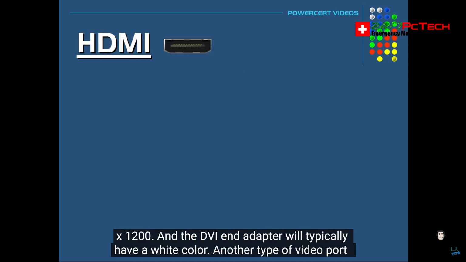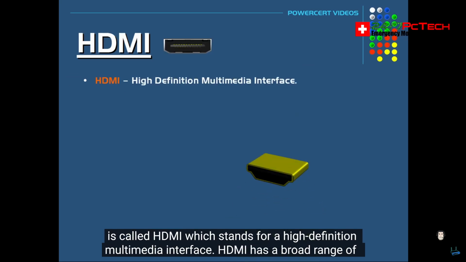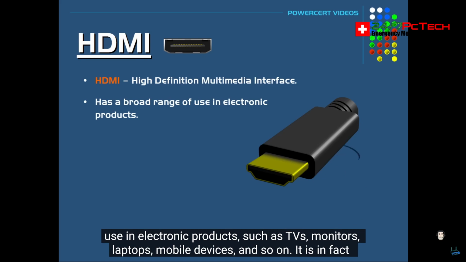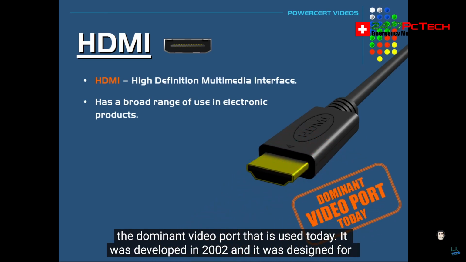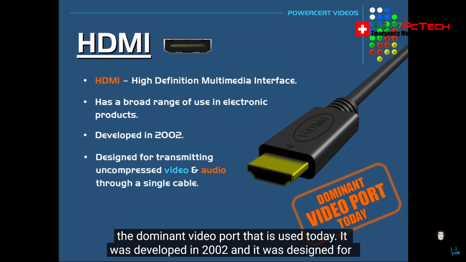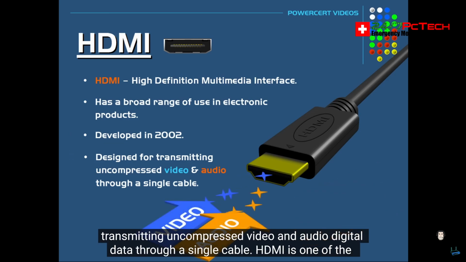Another type of video port is called HDMI, which stands for High Definition Multimedia Interface. HDMI has a broad range of use in electronic products such as TVs, monitors, laptops, mobile devices, and so on. It is in fact the dominant video port that is used today. It was developed in 2002, and it was designed for transmitting uncompressed video and audio digital data through a single cable.